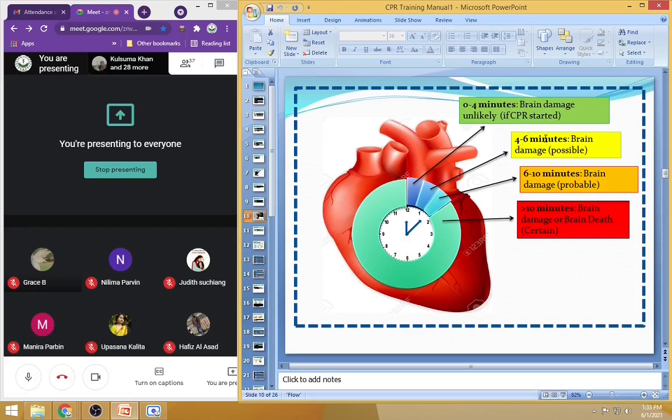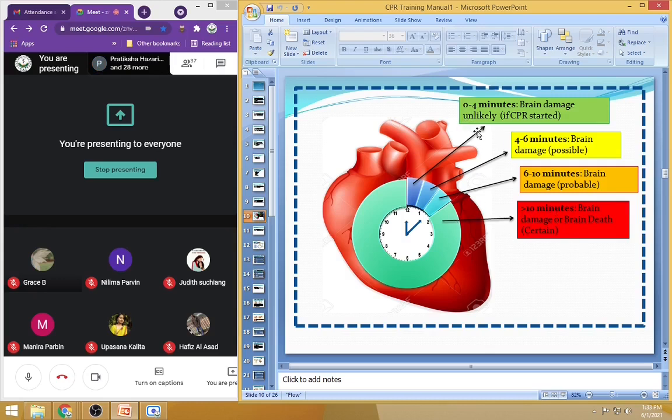Within 4 to 6 minutes, it is possible that brain damage might occur. Beyond 6 to 10 minutes, brain damage will probably occur. More than 10 minutes, brain damage or brain death. Once it is dead, it is irreversible.